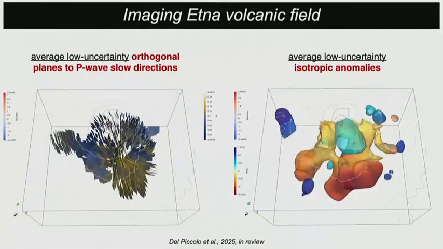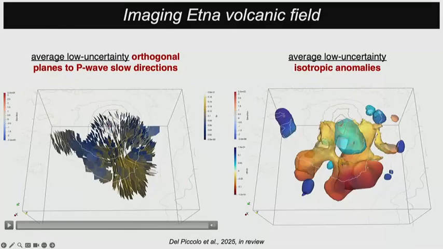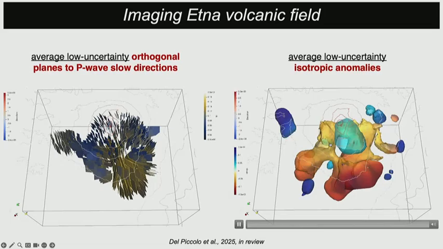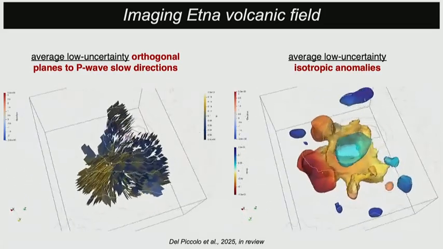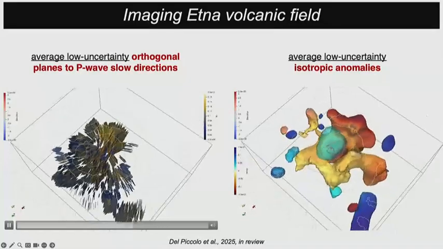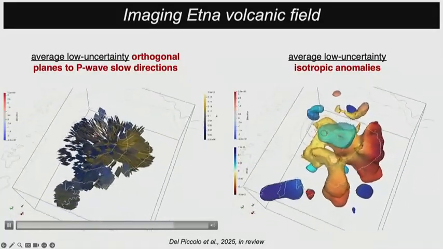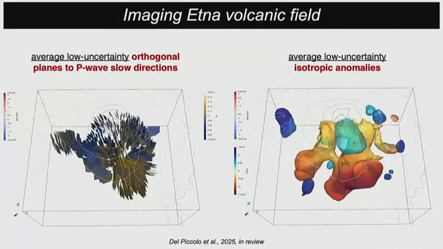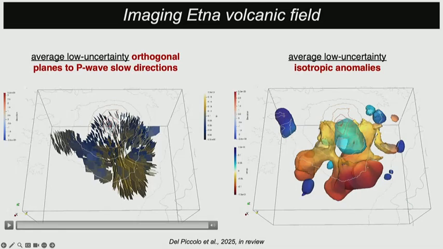This is a 3D animation of these fast planes and the isotropic anomalies. So basically, you can see that the magma appears to be distributed in these cracks all over the volcanic edifice. The radius of this volcanic edifice is 20 kilometers.